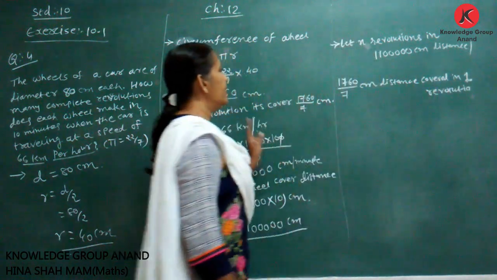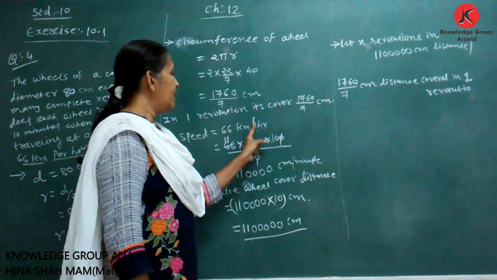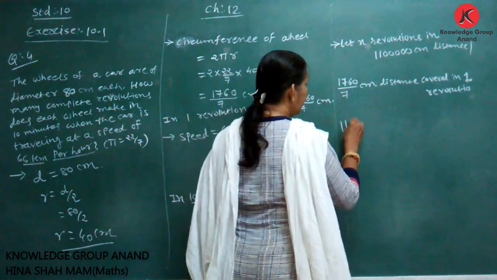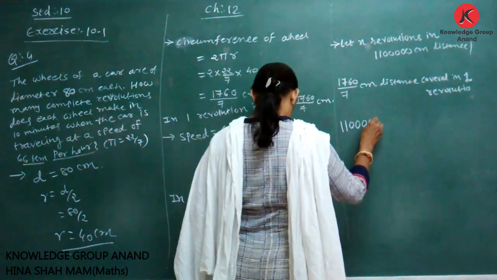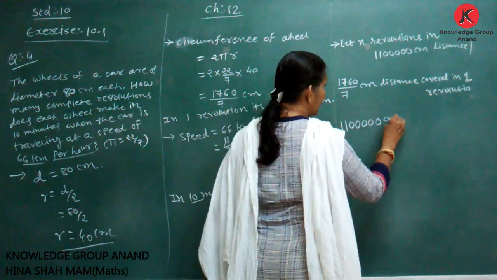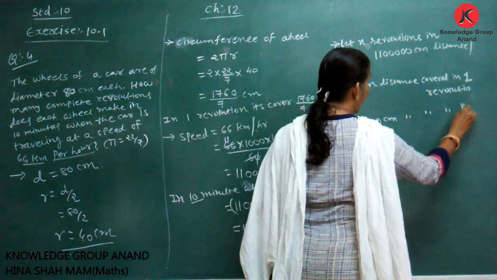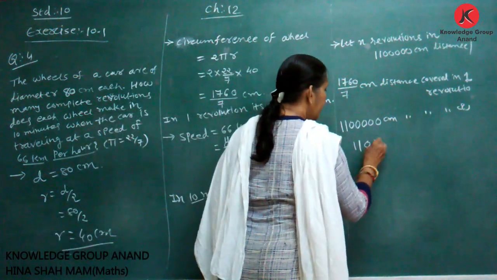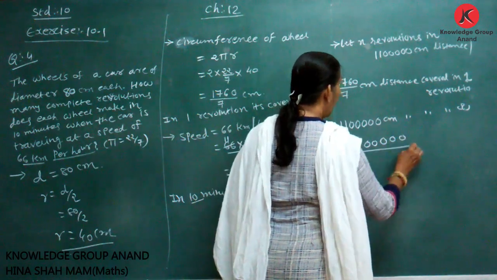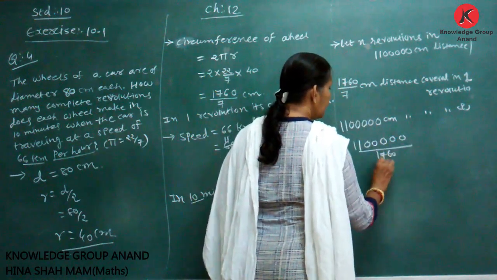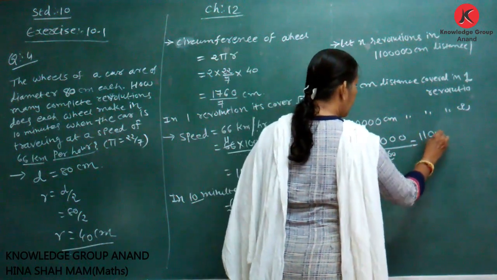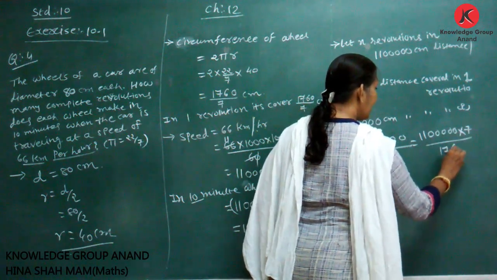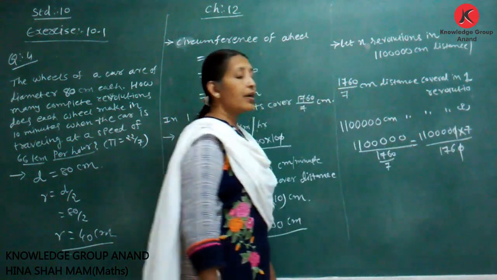How much distance is covered in one revolution? Then this distance in centimeters is covered in how many revolutions? Then we put this distance upon 1760 upon 7, is equal to this distance multiplied by 7 divided by 1760.